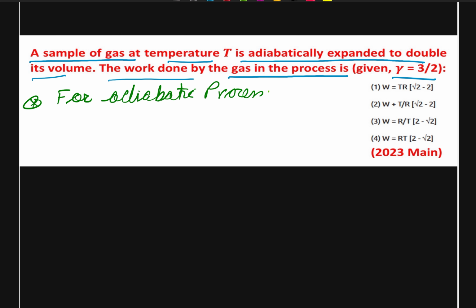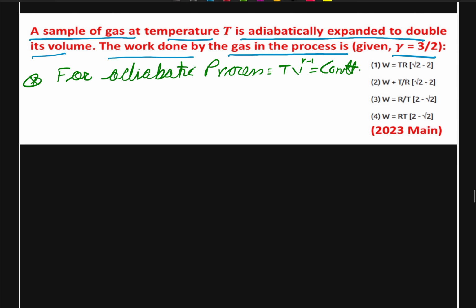We know that T V^(gamma minus 1) is equal to constant, and we are given that the final volume is equal to 2 times the initial volume.